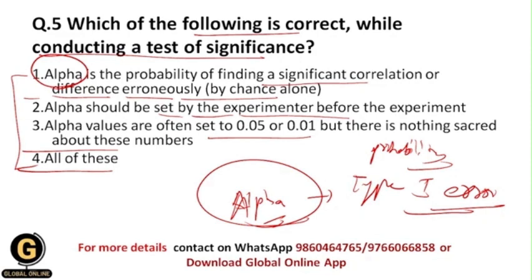Again, this statement is correct because the smaller the value of alpha, the greater the significance of the test. I mean to say that your test results will be more significant when the alpha value is smaller. All of you getting? And that's why all of these options are correct in regard to the test of significance part.